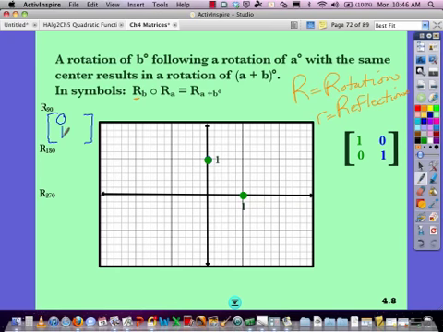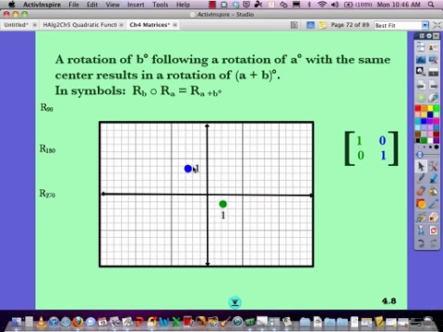And if I took my point 0, 1 and rotated it 90 degrees, it would have gone to negative 1, 0.